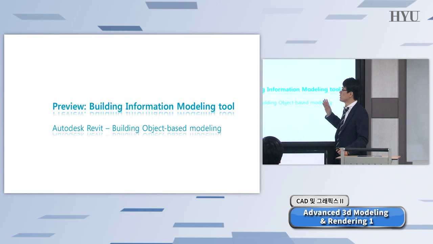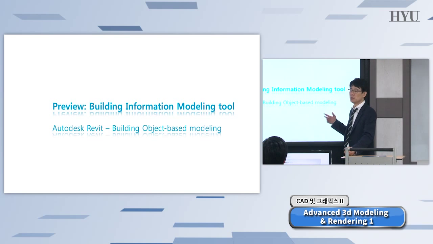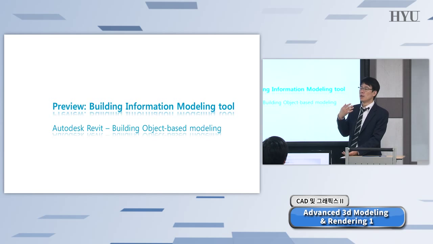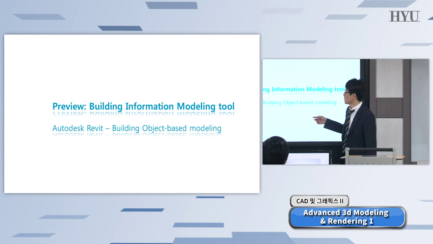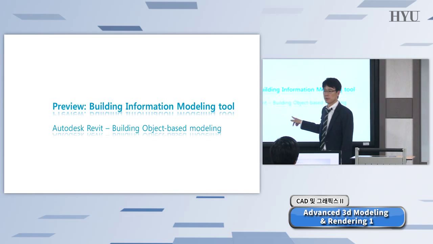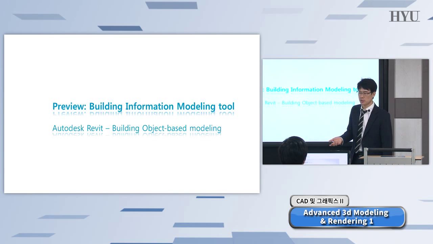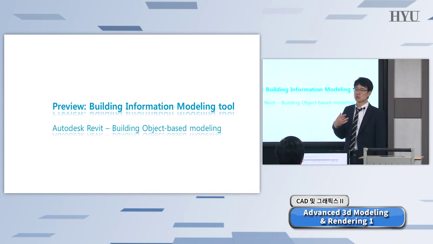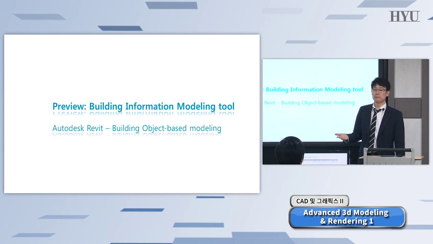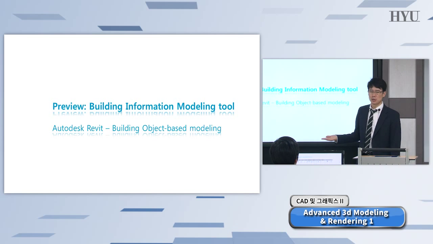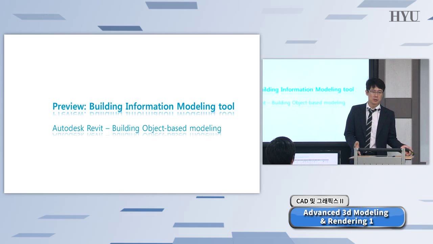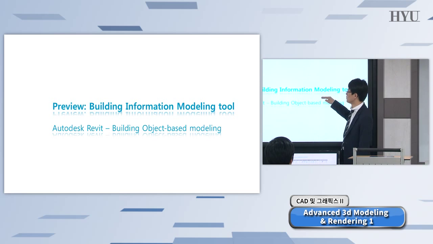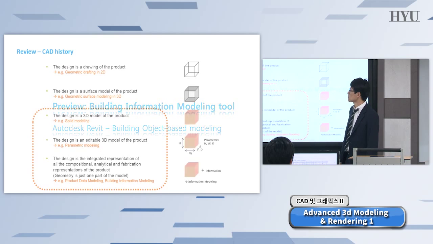So one of the representative things is building information modeling. Actually, I showed you before as a demonstration. Let's take a look at the Autodesk Revit interface quickly, just for your information, and try to figure out what the differences are between geometric 3D modeling and this kind of modeling. This kind of modeling means building information modeling, okay?